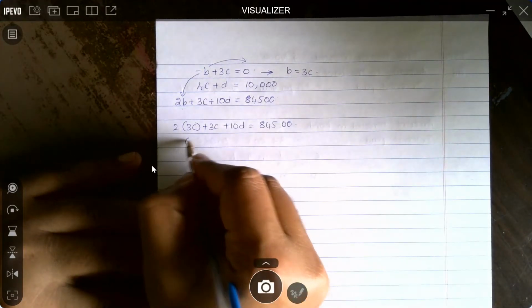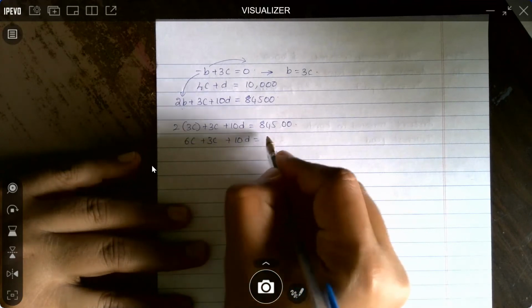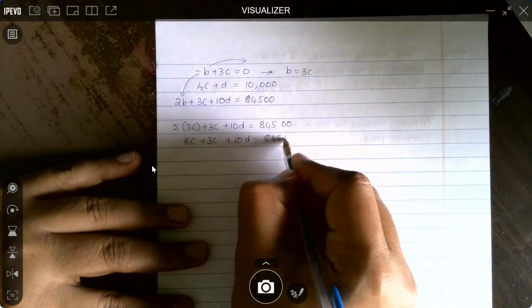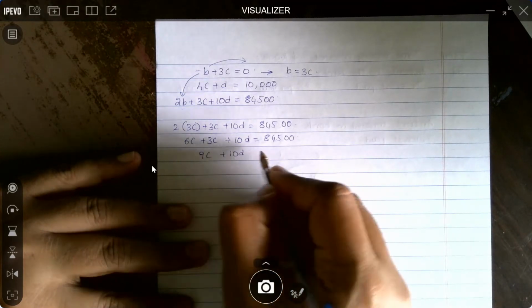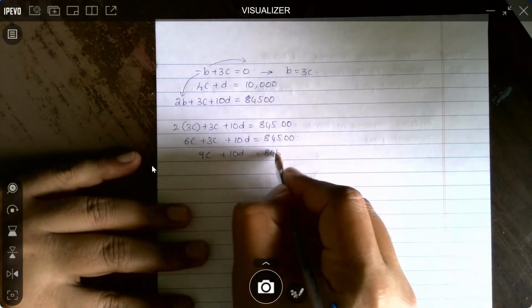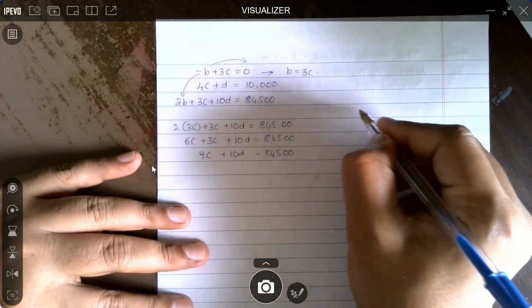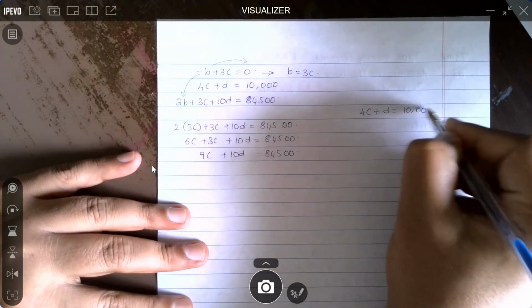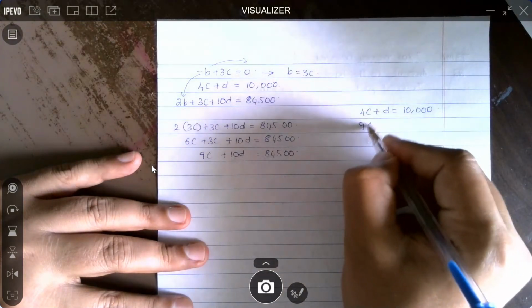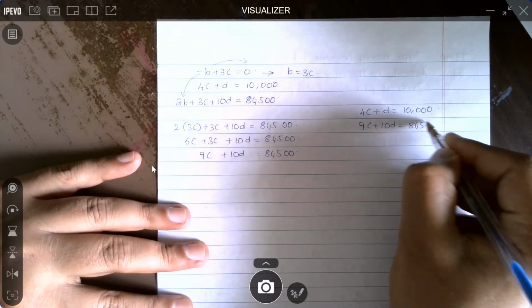So that's 6C plus 3C plus 10D is 84,500. So that's 9C plus 10D is 84,500. So you have one equation, which is 4C plus D is 10,000. The other equation is 9C plus 10D is 84,500.